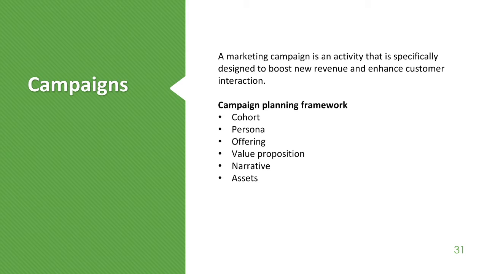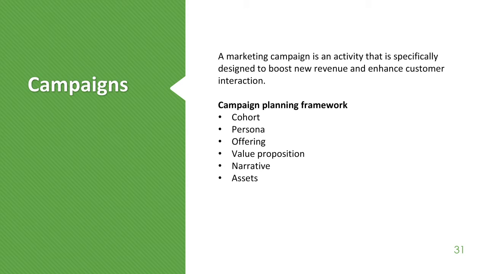We talked about marketing campaigns and that they are an activity that is specifically designed to boost new revenue and enhance customer interactions. So there are parts and pieces to what I call a campaign planning framework. You learned last week about a cohort and a persona, cohort being the segment of people you want to target, persona being your 3 to 5 perfect buyers that you want to go after.